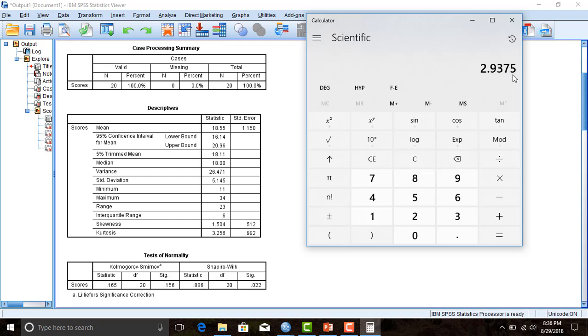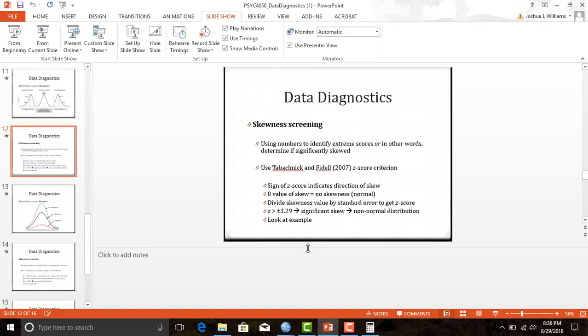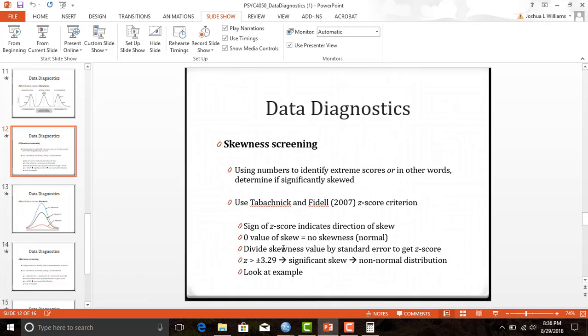Okay, 2.94. Now if we go back to our PowerPoint briefly here, if you recall, we're comparing that to 3.29. So a standardized skewness value has to be 3.29 standard deviations away, either above or below the 0, in order for us to conclude that we have a non-normal distribution.